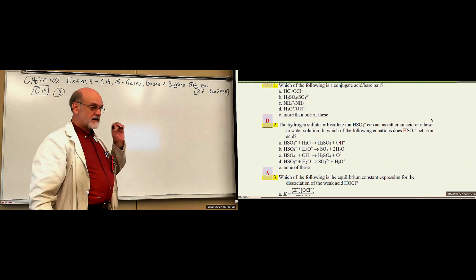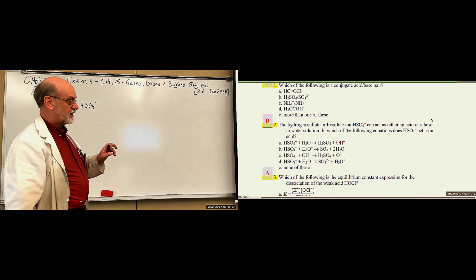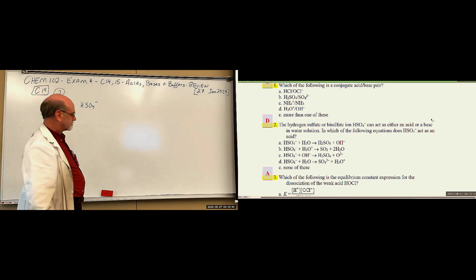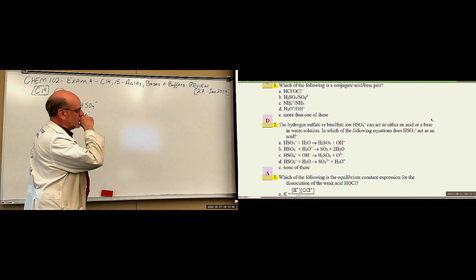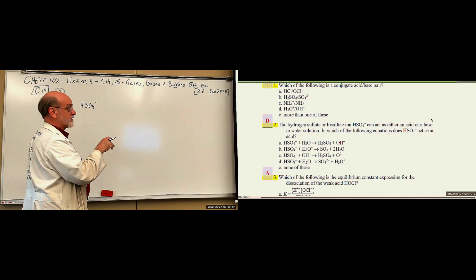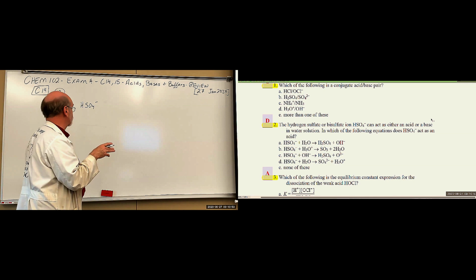The proper name is hydrogen sulfate ion, but we used to call it the bisulfate ion. It can act as either an acid or a base in water. In which of the following equations does HSO4 minus act as an acid?